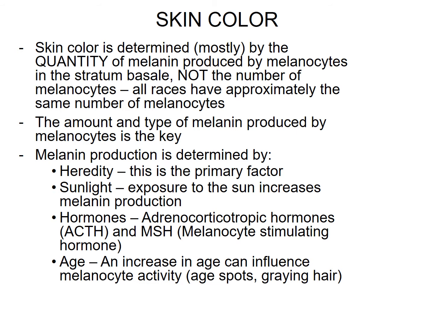So if I have light skin and I go out in the sun for a while, I'll just make more melanin temporarily. But the reason skin color doesn't change that much over time is because it's genetic. Heredity is the primary factor.